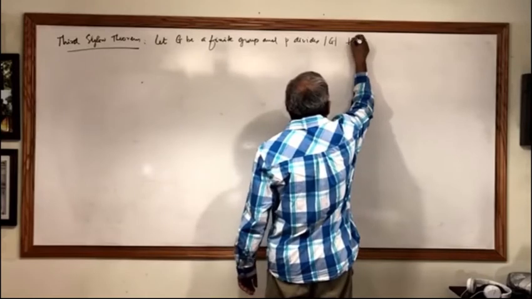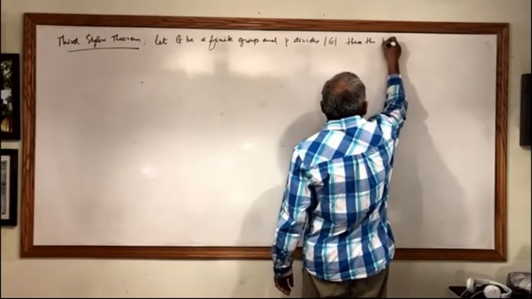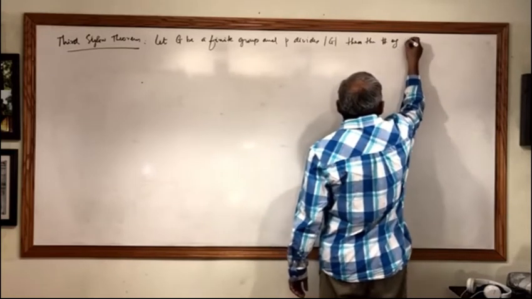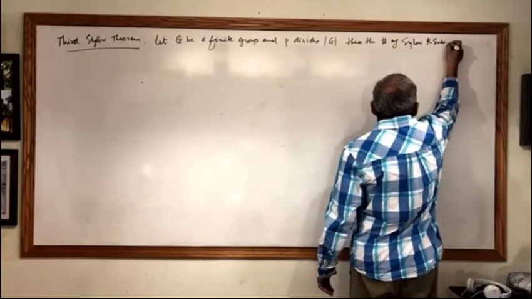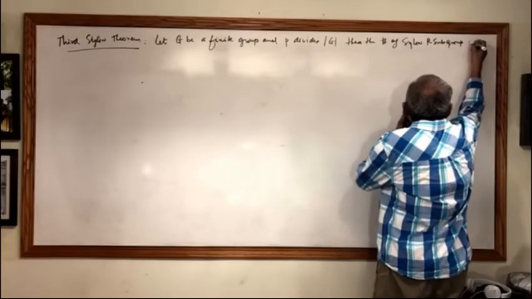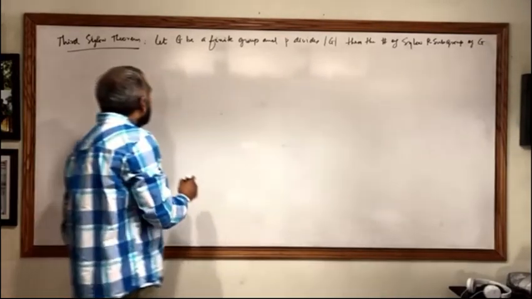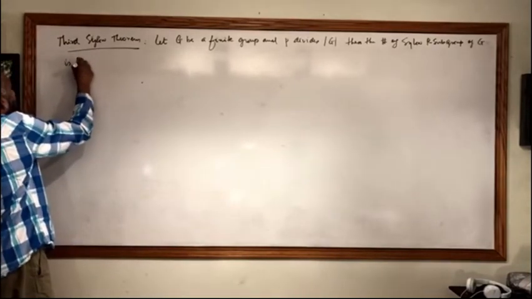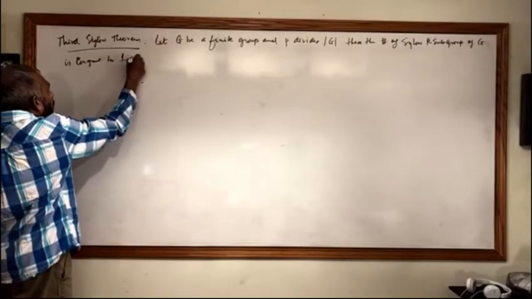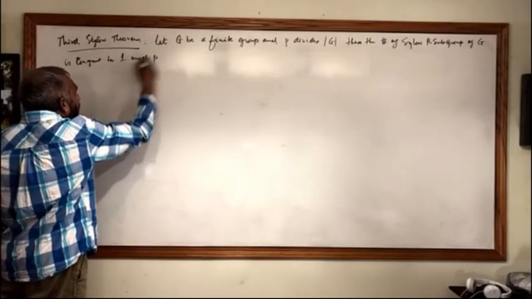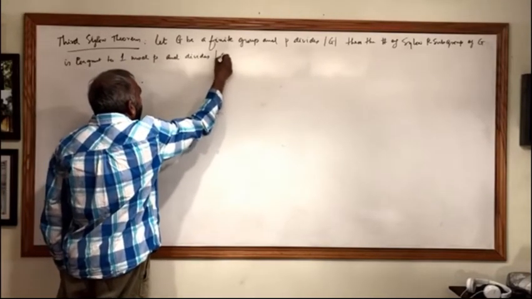Then the number of Sylow P subgroups of G is congruent to 1 mod P and divides the order of G.